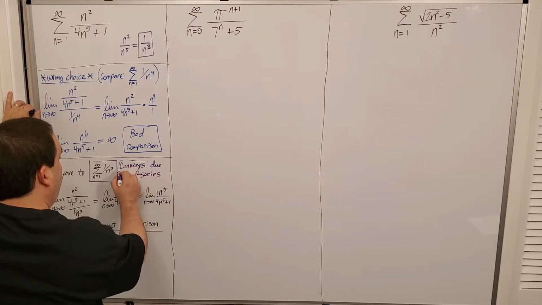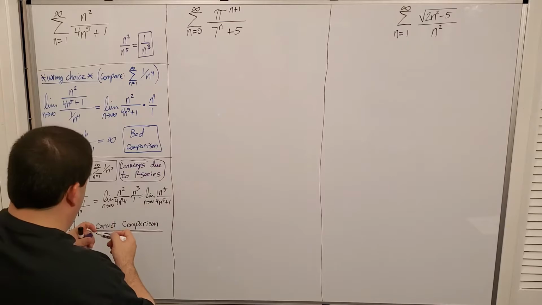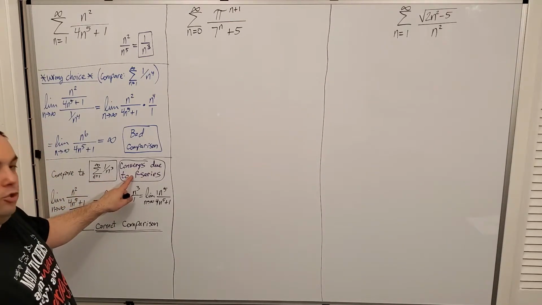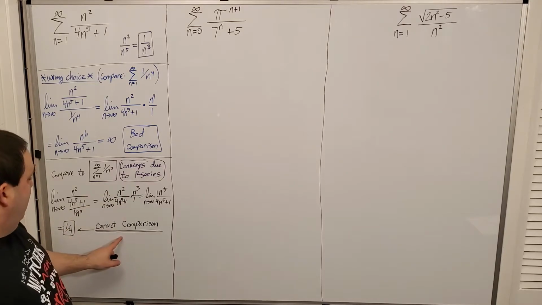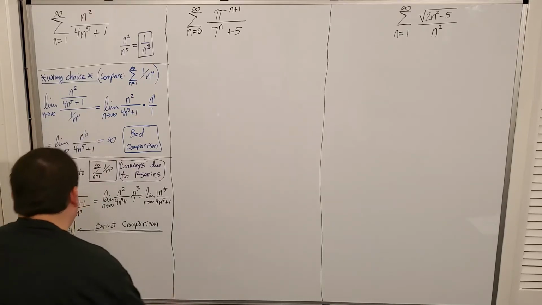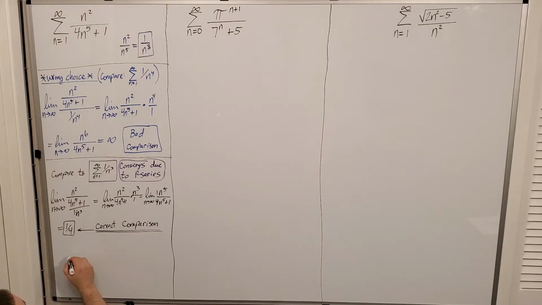Okay, that's important. Remember the details you've got to write. This is like a proof. So when I say I'm going to compare it to this, which converges, and then this tells me that the comparison succeeded, okay, then I can actually say that the sum from n equals 1 to infinity of n squared over 4n to the fifth plus 1 converges by limit comparison.